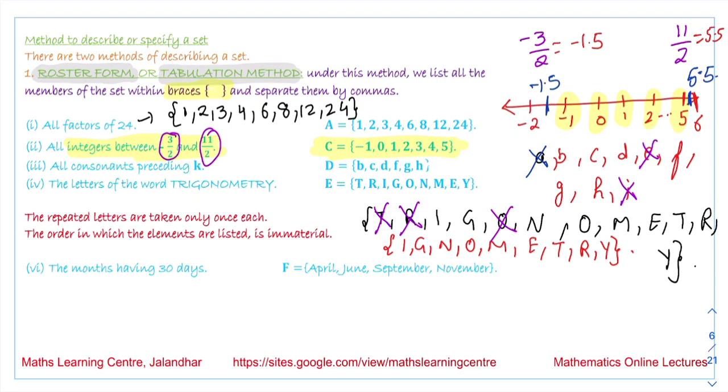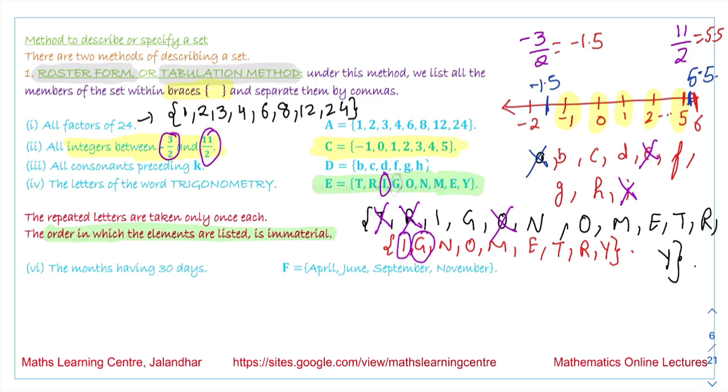It is important to note that the collection we mentioned earlier and this one are the same, because the order in which the elements are listed is immaterial. I is over here, I is over here.